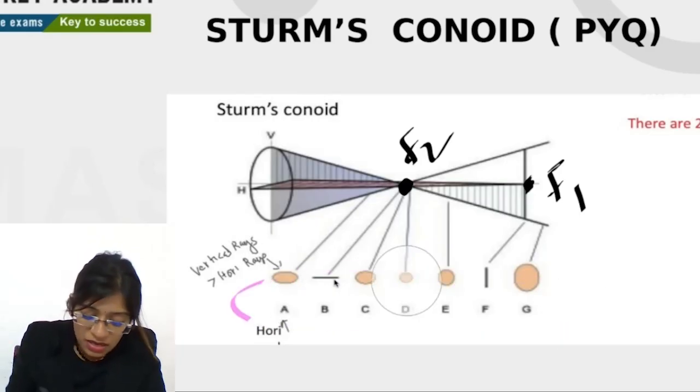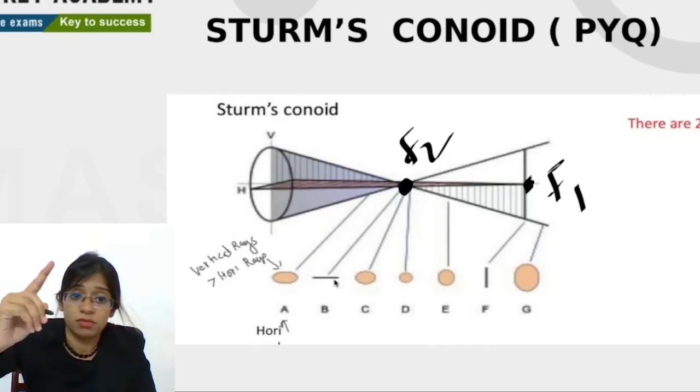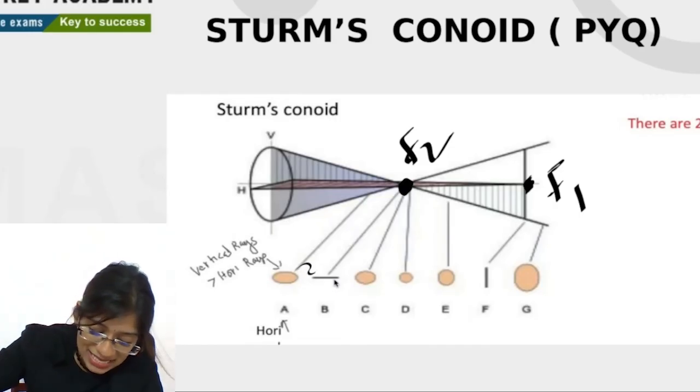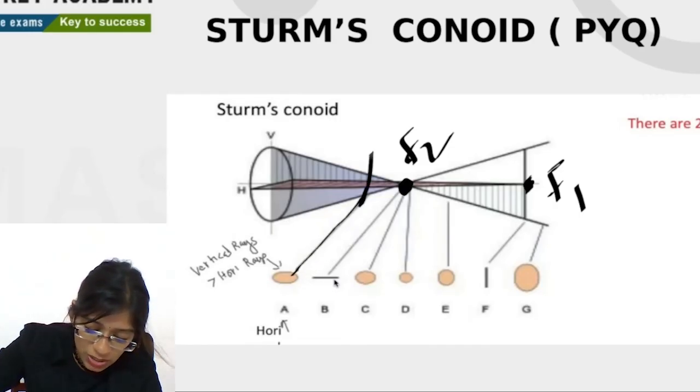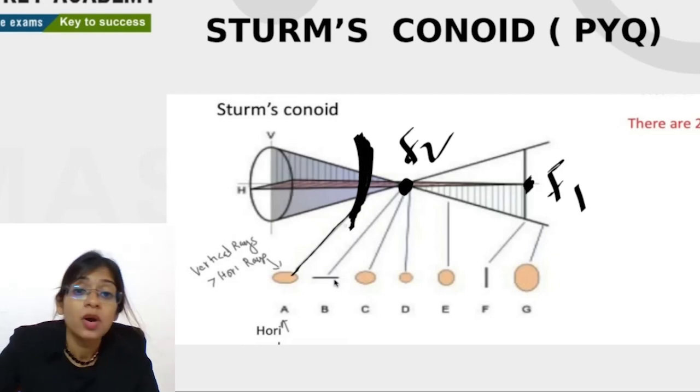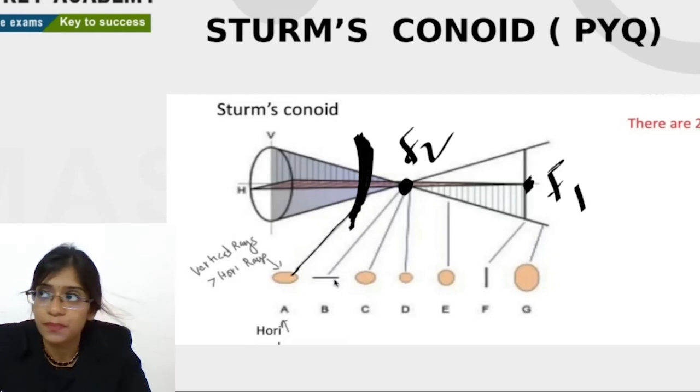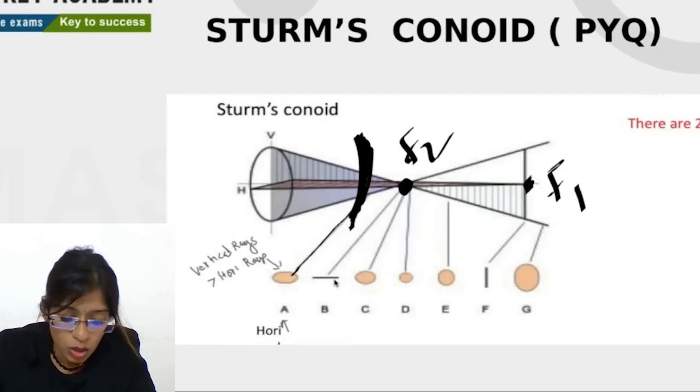They have given these alphabets to ask you, if I am keeping the retina at A, at this point, what kind of astigmatism will you see? That will be the question. Now you have to get an orientation.